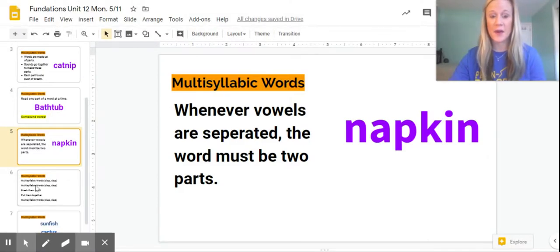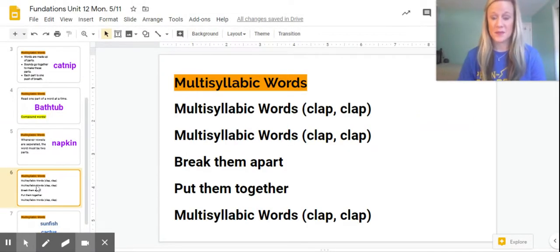Now you're going to be learning about our multi-syllable words. It's called multisyllabic words. Multisyllabic just means there's more than one syllable. Here we go. Multisyllabic words. Break them apart, then put them together. That's all we're doing.